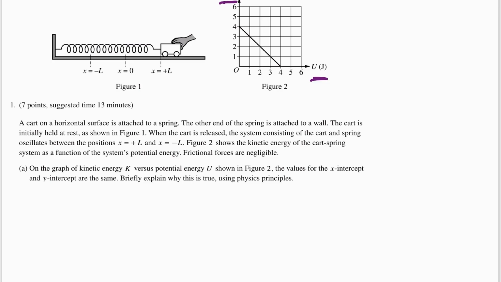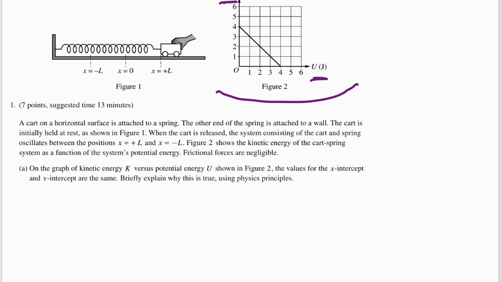This graph shows a straight line relationship between kinetic energy and potential energy. This linear relationship indicates that as the potential energy increases, the kinetic energy decreases by the same amount and vice versa, keeping the total energy constant. When U is 0, all of the energy is kinetic.